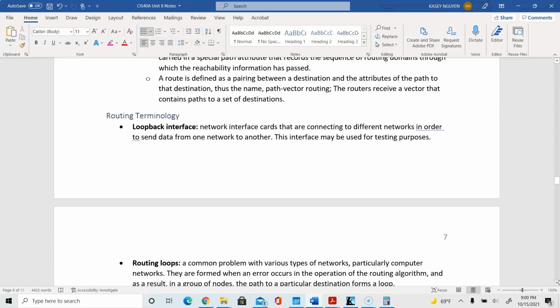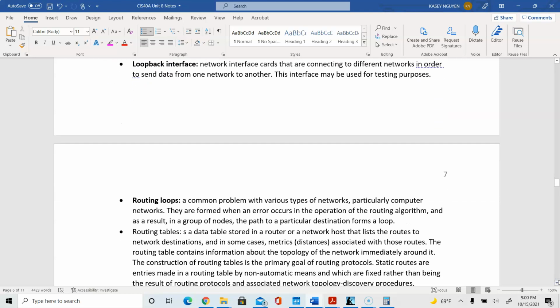Routing loops are usually a problem in the network, and they are created by errors in the routing operation of the routing algorithm.